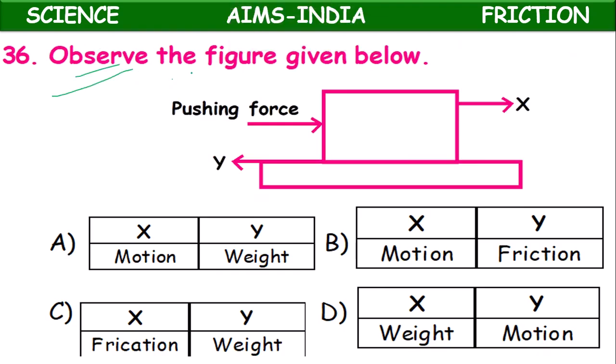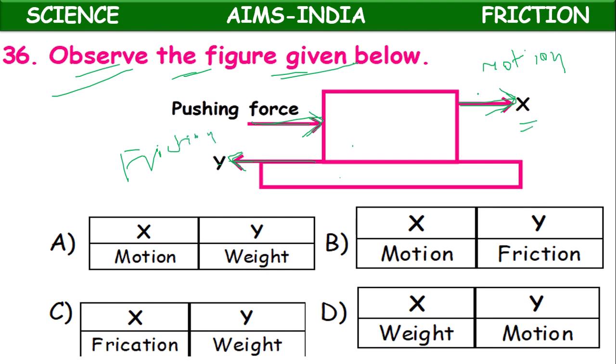Next, observe the figure given below. This is a pushing force, this is the direction of motion, this is the force of friction. Because we are pushing rightward, the direction of motion is towards the right side, and friction between the surfaces will be in the opposite direction to the motion.